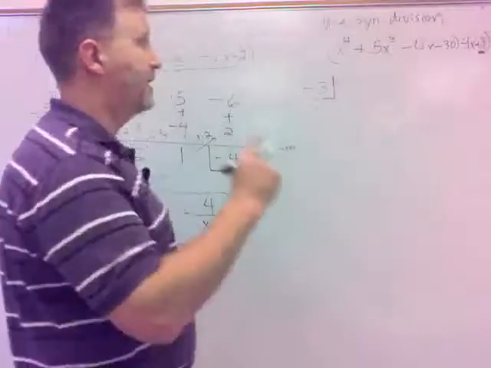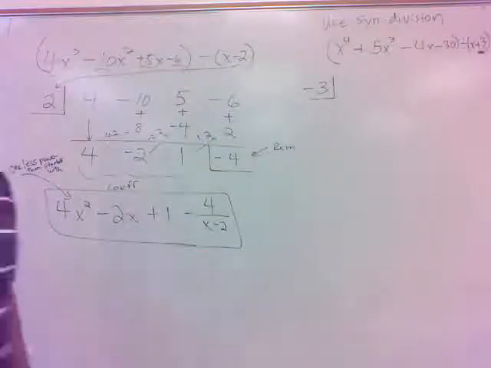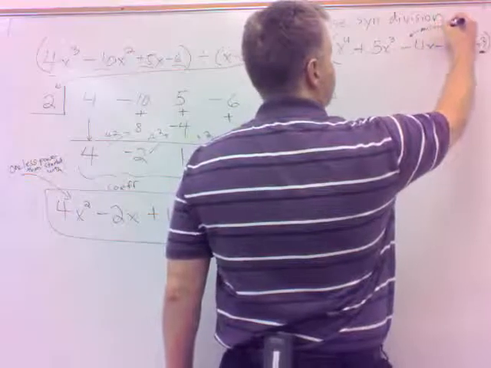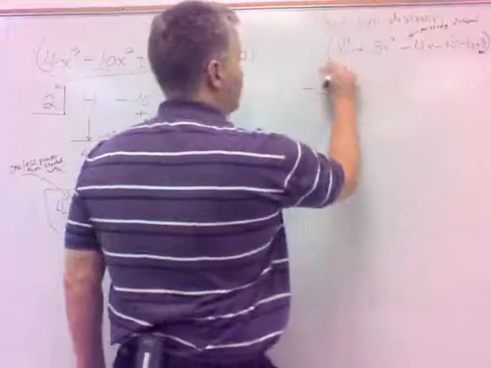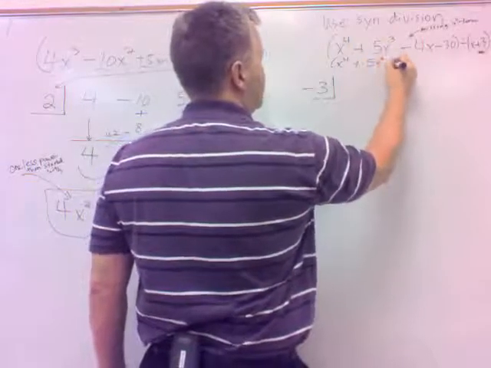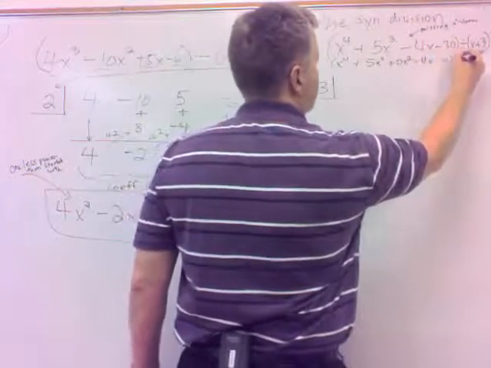Now, the other thing, we might want to rewrite that division there, because what do I have? I'm missing a term, aren't I? Again, I'm missing the x squared term. So really, what I want to divide here is x to the 4th plus 5x cubed plus 0x squared minus 4x minus 30 by x plus 3.